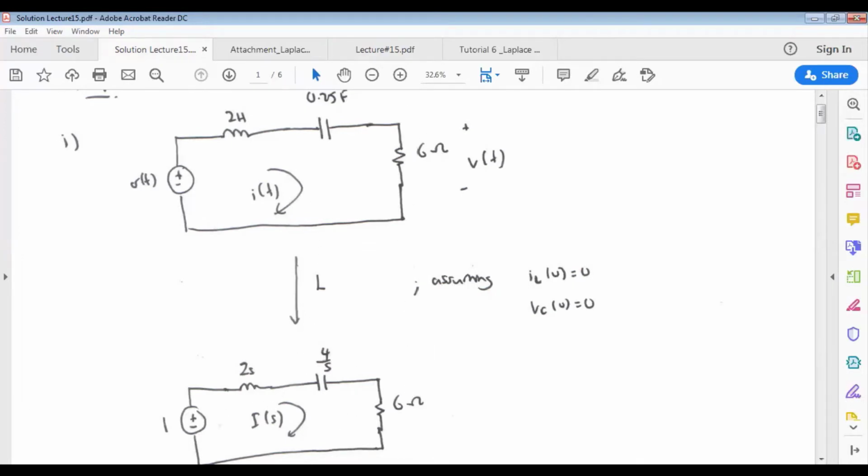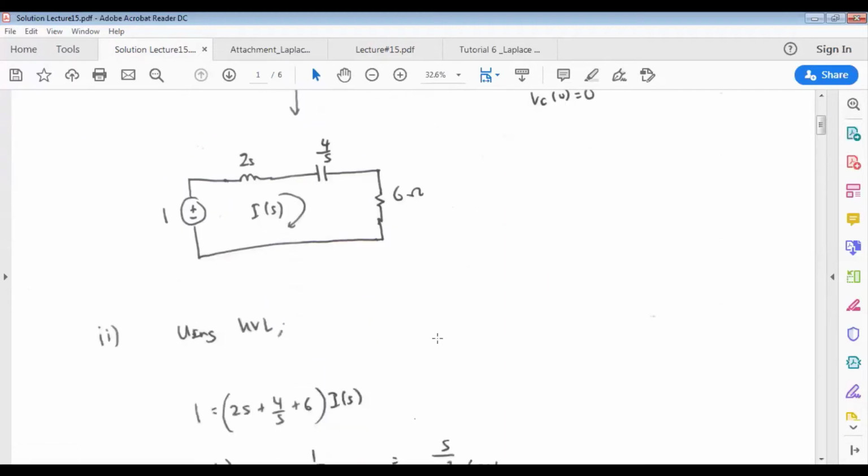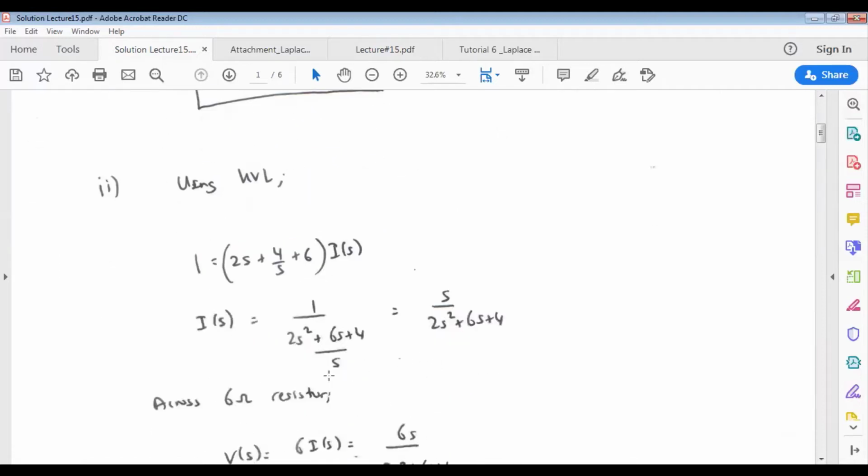We need to write the Kirchhoff voltage law for this particular circuit. Using Kirchhoff voltage law, we have 1 equals 2s plus 4 over s plus 6, multiplied by Is. So Is will be s over 2s squared plus 6s plus 4.